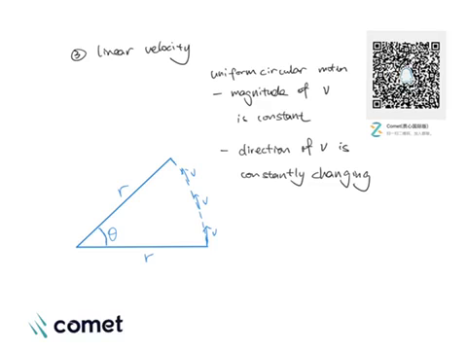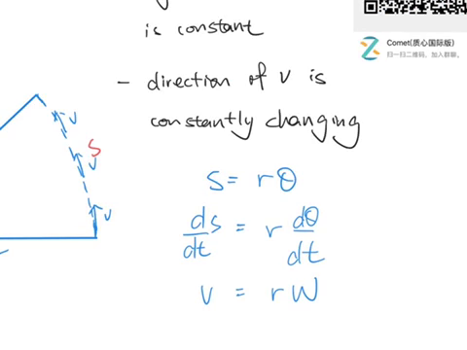Here we can use a math equation about the distance along the arc. Taking the derivative, we get a relationship between the linear velocity and angular velocity. Recall the equation of angular velocity, omega equals 2 pi over T, and we put the equation into the relationship, so we get the linear velocity equals 2 pi r over the period.